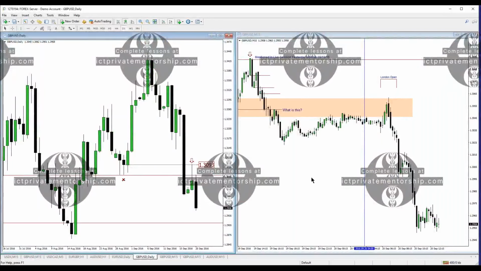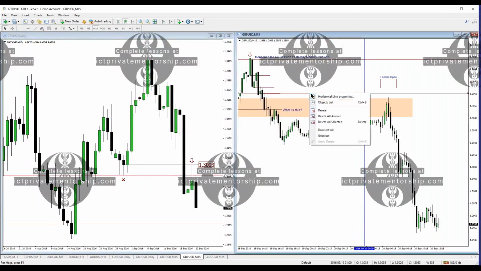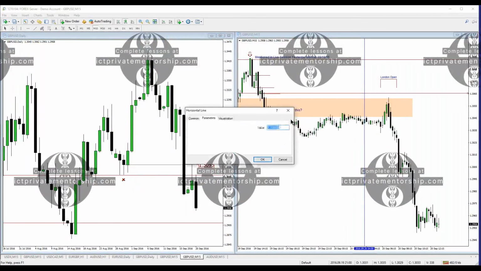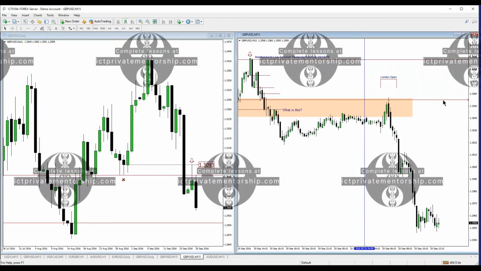So over here we take that same level 130.60 and we transpose it to our lower 15-minute time frame chart. Just right-click on the line, calibrate it to the level that you want to look at. Now you have your level on your lower time frame chart.